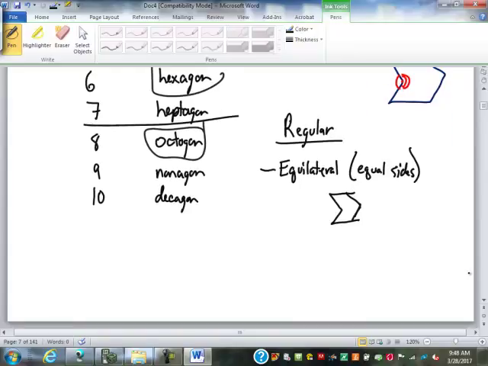So the second qualification for regular is equiangular. In other words, equal angles.